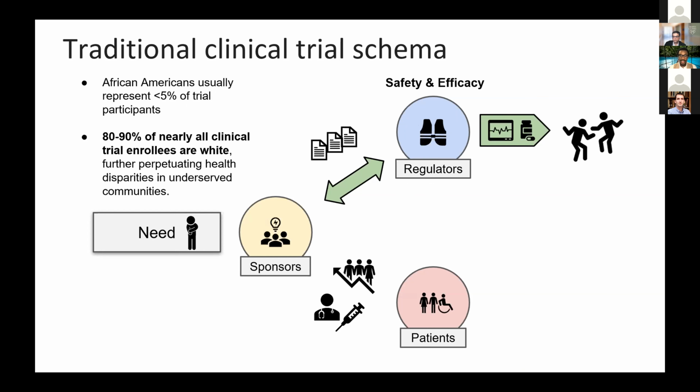This fact underlies the need for this talk: an intentional effort to increase enrollment of African Americans, who continue to be disproportionately affected by many diseases, including COVID and colorectal cancer, to list a couple. Okay, next slide, please.